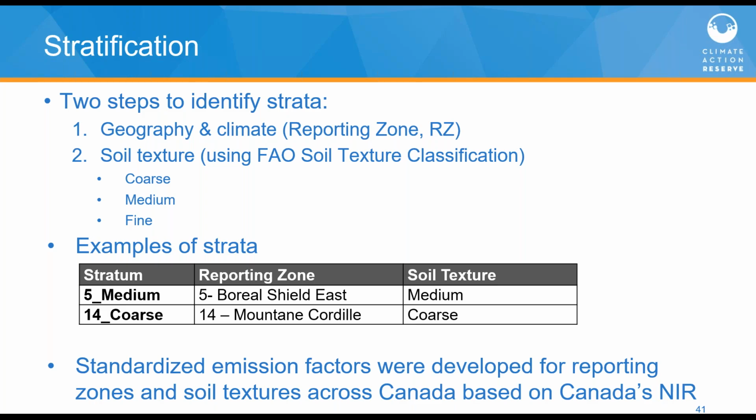So then you'd have your project area split up by reporting zone and soil texture. If your project is entirely within one reporting zone, then at most you would have 3 strata, 1 for each soil texture. But it's entirely possible that we'll see projects that straddle 2 reporting zones and may have more strata.